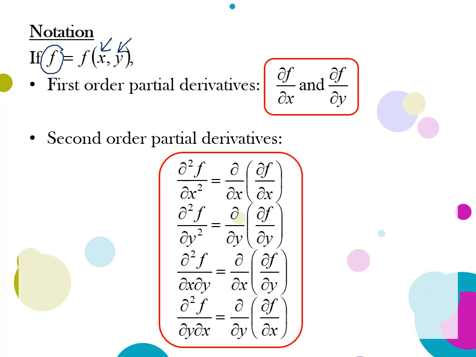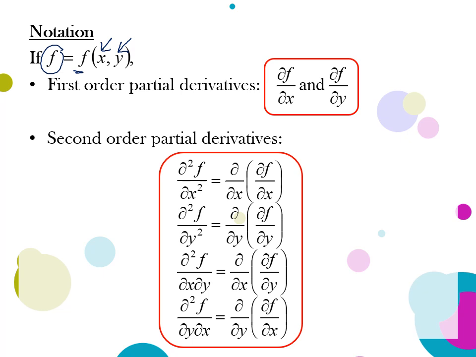The concept of partial derivative is that we will partially differentiate our function with respect to a chosen variable, and thus you will treat the other variable as a constant.